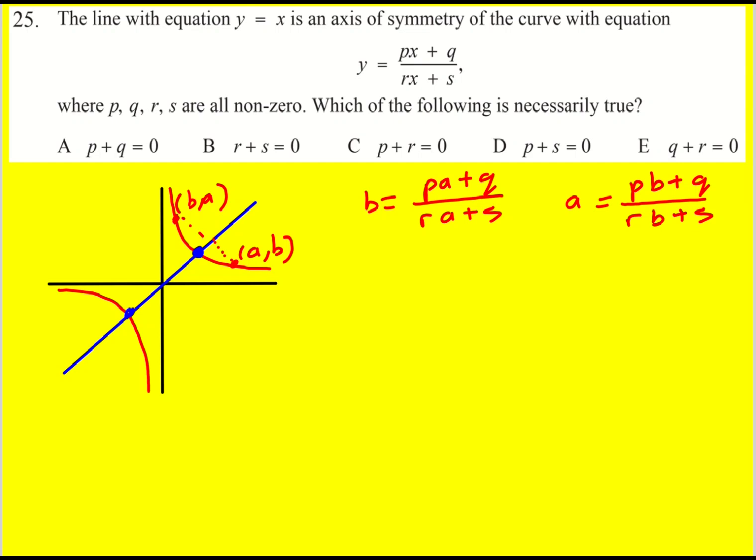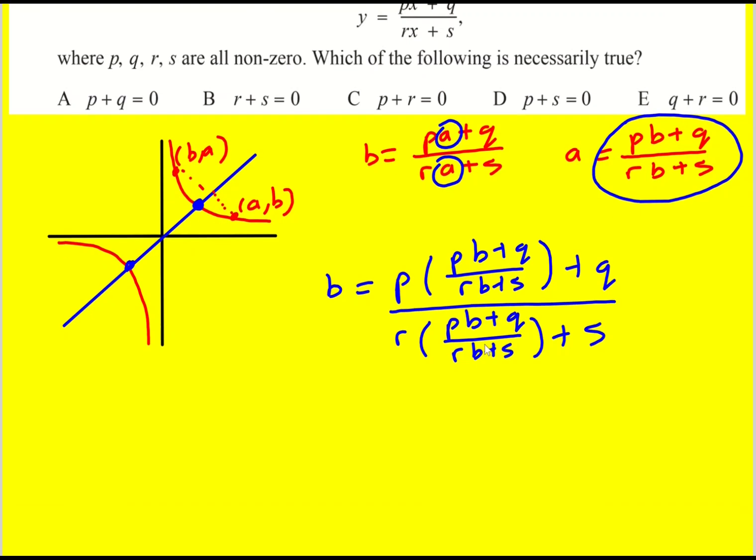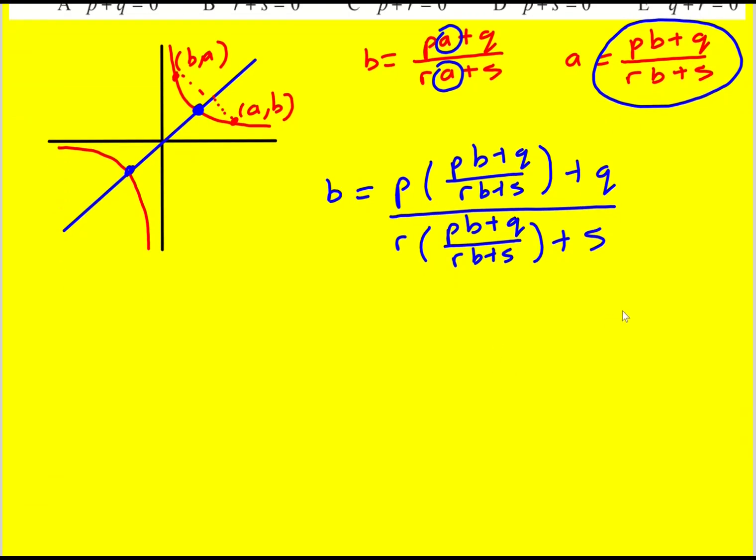So what I'm going to do is replace all of these A's by this. Therefore B is going to equal P times (PB plus Q) over (RB plus S), plus Q, all over R times (PB plus Q) over (RB plus S), plus S. And let's just continue, trying to simplify everything.